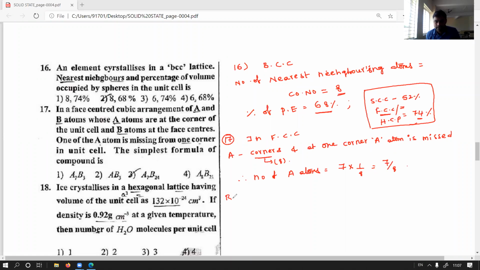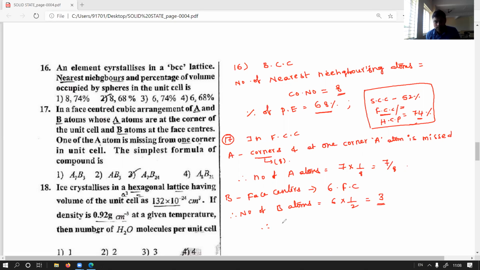Next, B atoms are present at face centers. How many faces are present? 6 face centers are present. Then the number of B atoms is equal to 6 into, at face center the atom contribution is 1 by 2, so 6 into 1 by 2 is equal to 3.